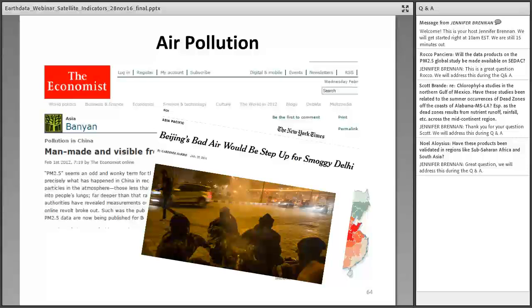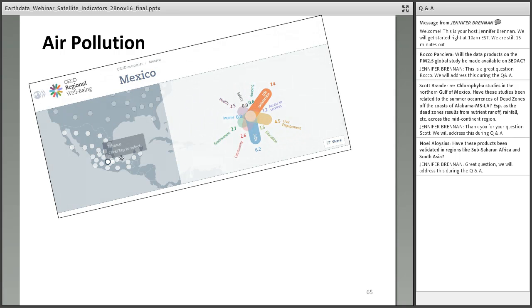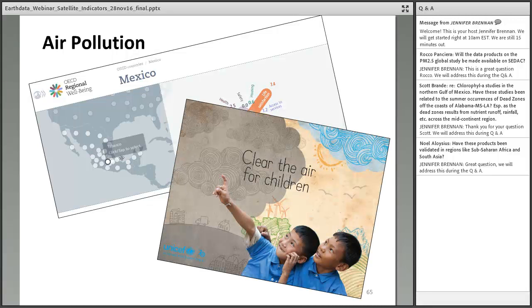A more recent article in 2014 in the New York Times compared Delhi's smog, which is very high, to Beijing's, so it set up a dynamic where the two countries and the two cities were being compared in terms of how bad things were. The OECD has created this dashboard for different cities, and so, for instance, in Mexico City, one of the metrics, as you see, is the environment on the lower left in that spider diagram.